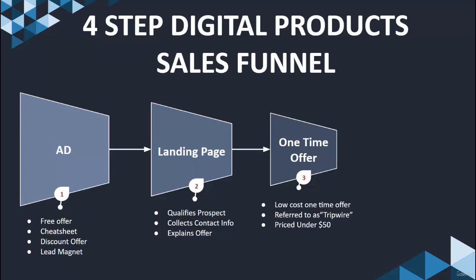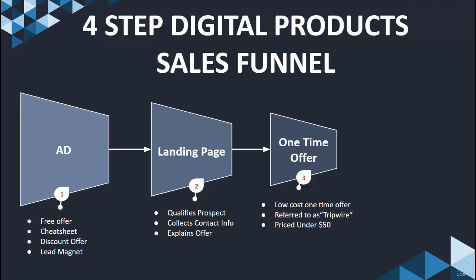It's very low cost, and it's something that is called a tripwire. This is what it's commonly known as, but it's a very low-cost offer that still provides a ton of value, right? You want to make sure that whatever you have as a one-time offer, you're providing a ton of value and delivering it right there and then.